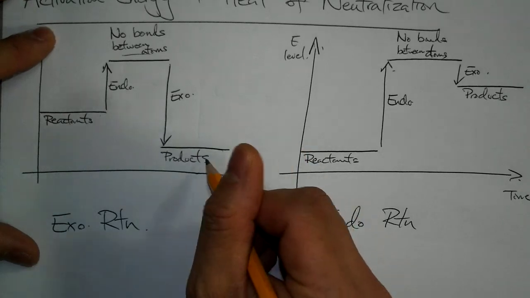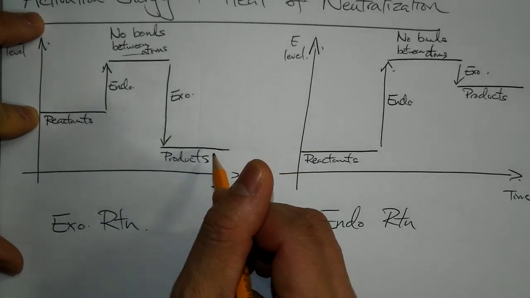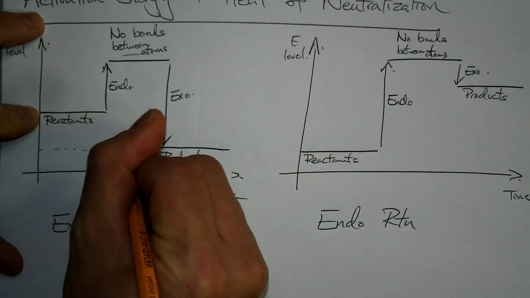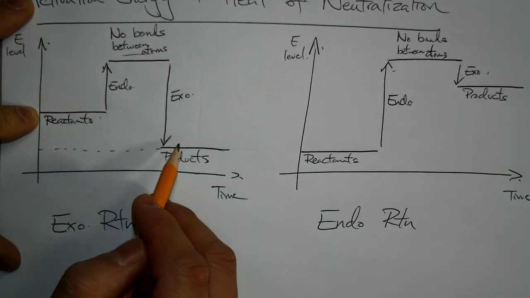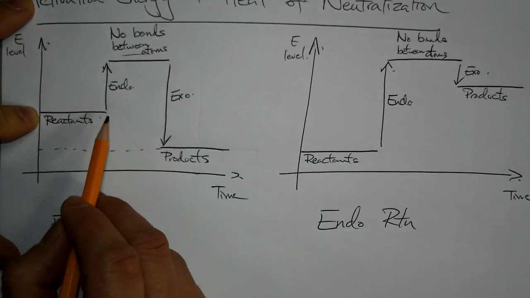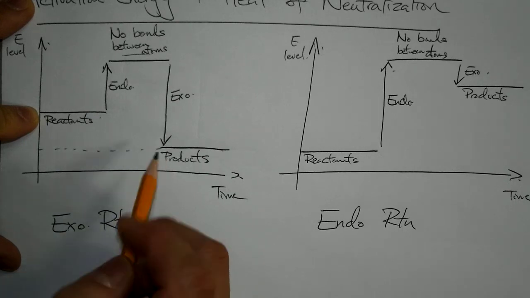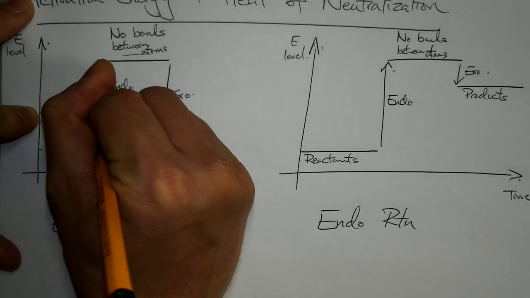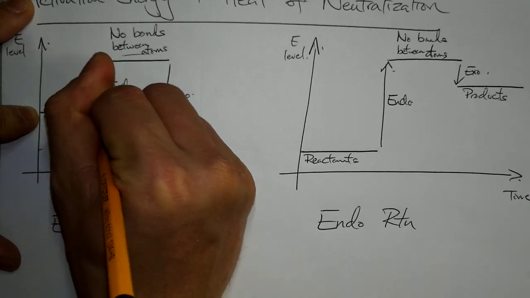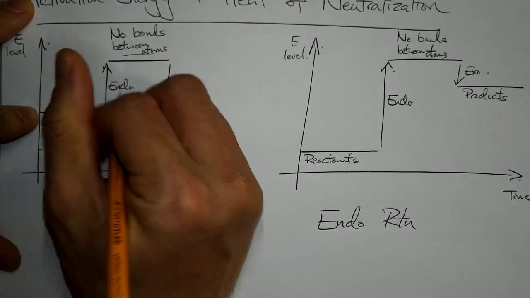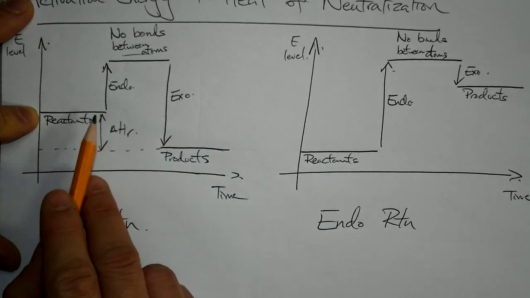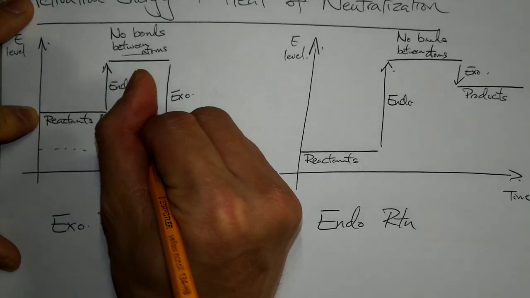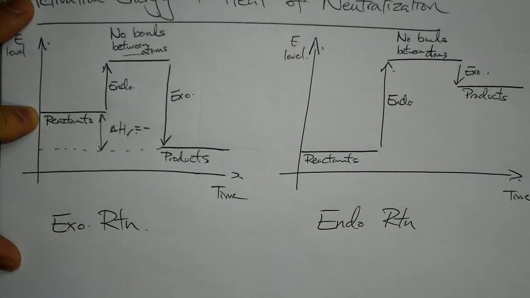So in the exothermic reaction, you start off here at the reactant energy level, and you drop down here to the products, so you're really giving off this much heat. Your heat of reaction goes from here to there, and it is always negative. Do you guys follow so far?